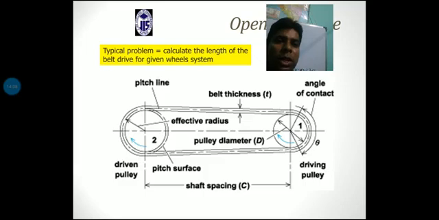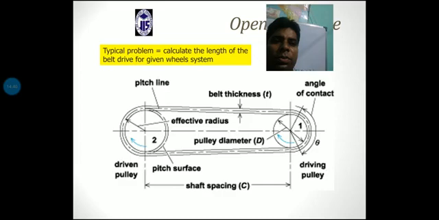Pitch line means the line which passes through the middle point of the belt width section. Belt thickness is how much thickness will be there in the belt portion. Center distance is the center to center distance of the two shafts or two pulleys. And all the parameters are already explained.